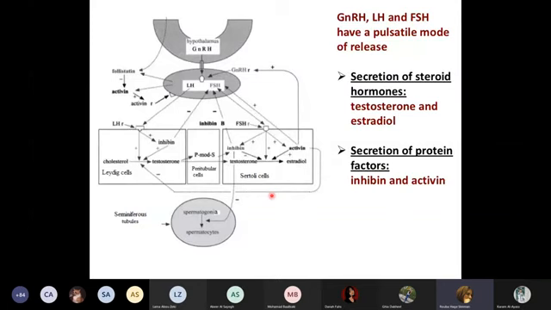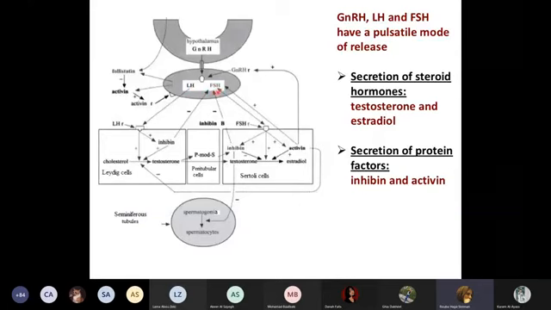So LH and FSH, both of these molecules will be released to stimulate the gonads. Now, FSH will be acting on the Sertoli cells. However, LH will be acting on the Leydig cells. This is very important to know at this level. Therefore, FSH will act on Sertoli cells and LH will act on the Leydig cells.